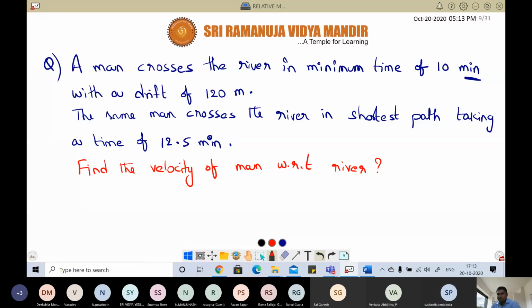Sir, the velocity of river with respect to ground is 12, no, sir? 12 what units? Meters per second, sir.